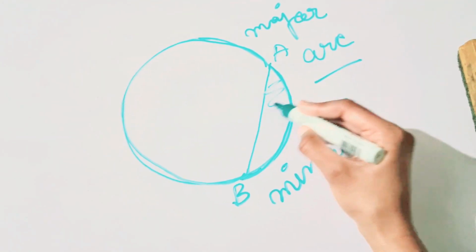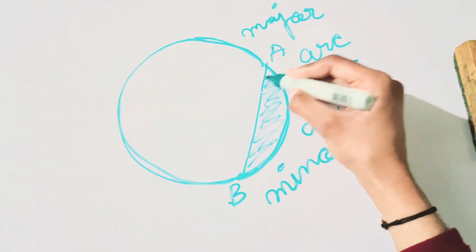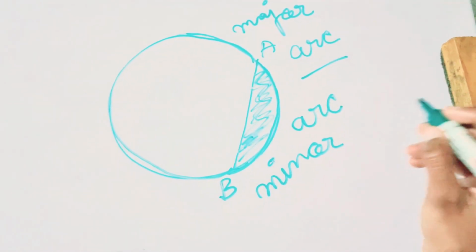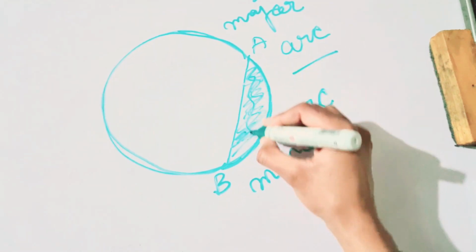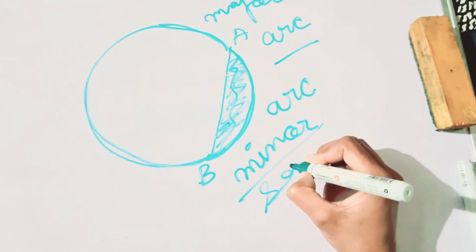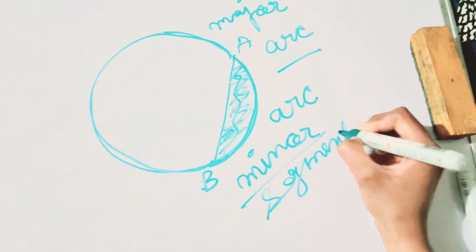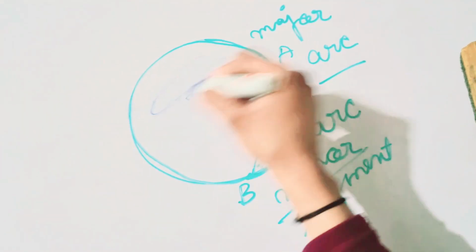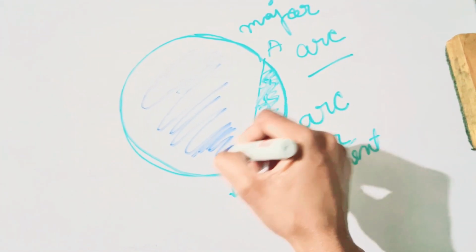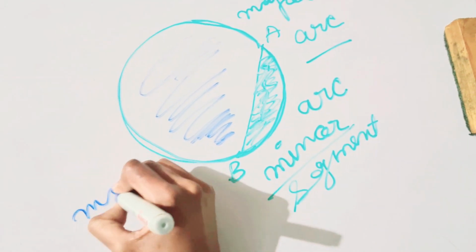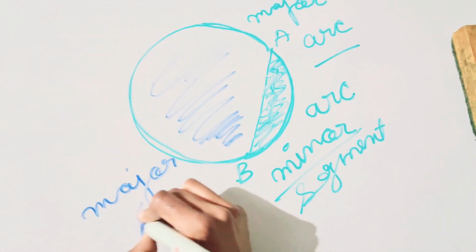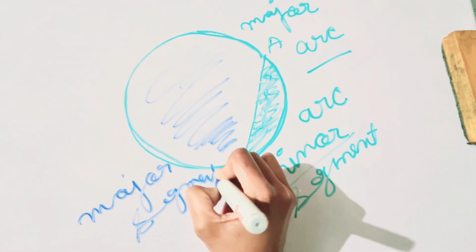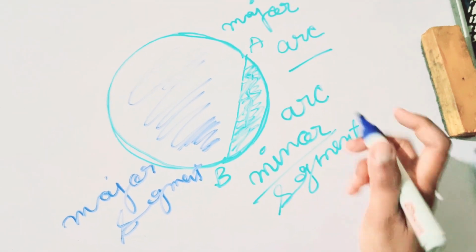And this much portion, this much area of the circle, is known as a segment. This is the minor segment, which is shaded, and the one shaded with blue color is known as the major segment. Clear? What is a segment?